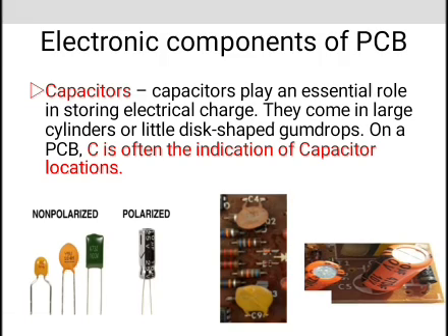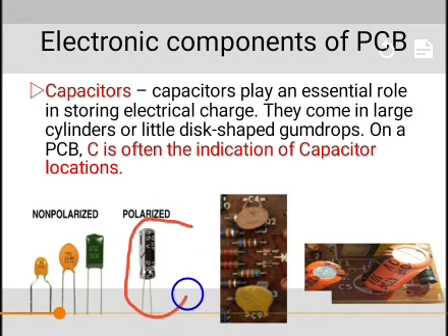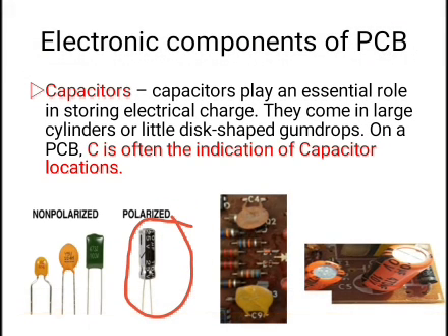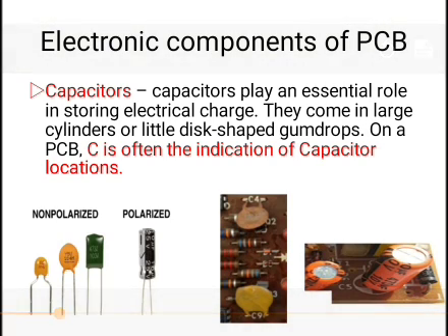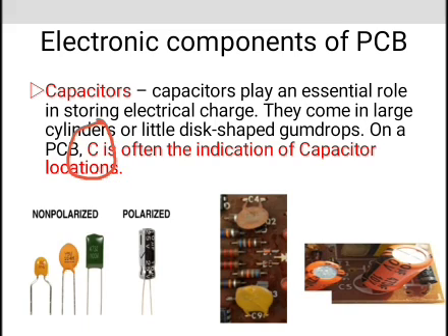So, this is the electrolytic capacitor. C is often the indication of the capacitor locations on PCB. So, this is the PCB board. So, C4 they are indicating in this board.